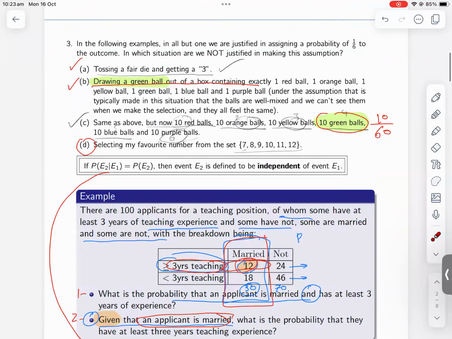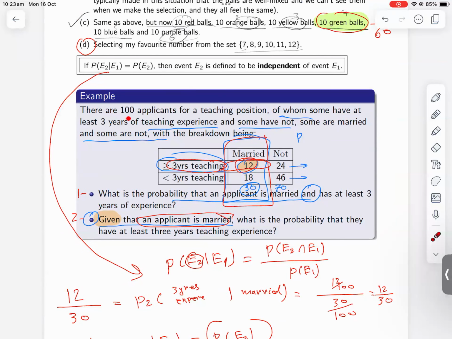Now, the example from the lecture note is about 100 applicants applying for a teaching position. Some of them are married and some of them are not. Some of them have 3 years of teaching experience, so 12, and some of them don't have 3 years of teaching.